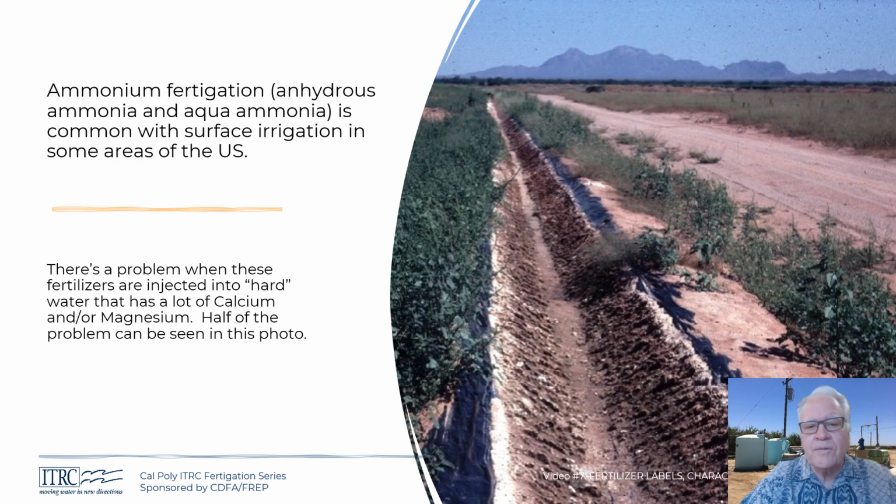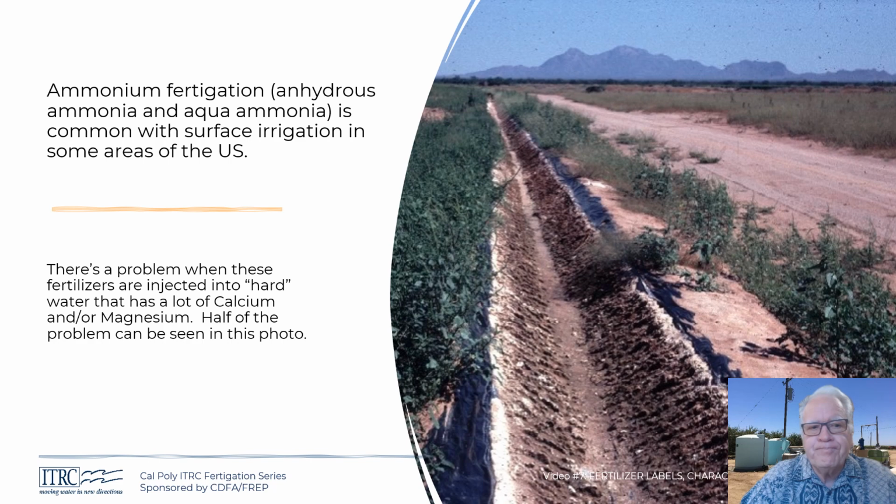And now, how's this for a lousy looking canal? It's a slip-form concrete canal with all this, whatever it is, on the sides. This is something I've noticed over the years. I go to different places, and you can tell this is either northwestern Mexico, or Arizona, New Mexico. That's where you typically see it, where a lot of people use anhydrous ammonia or aqua ammonia for fertigation.